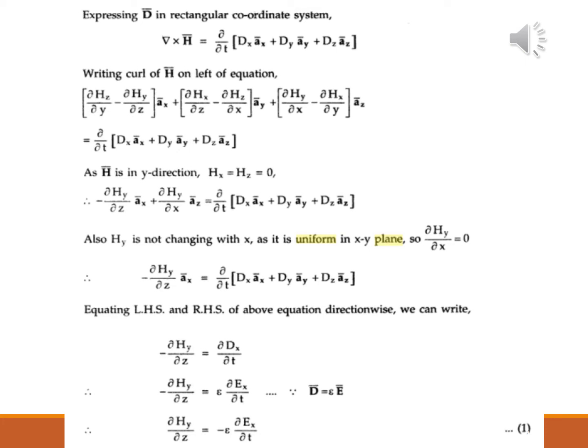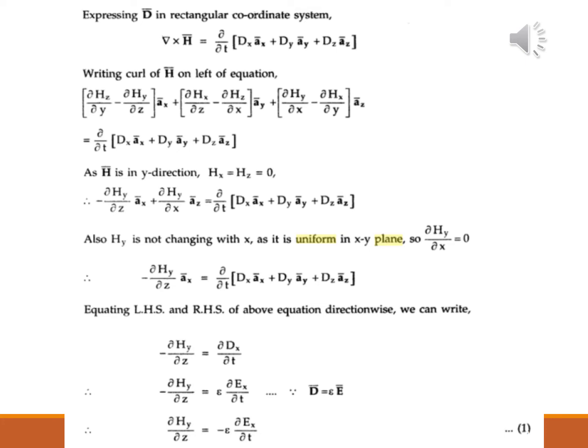In determinant form, the first row is ax, ay, az. The second row is dou by dou x, dou by dou y, and dou by dou z. And the third row is Hx, Hy, and Hz. Then you apply the rule for solving the determinant, and you'll get this equation, which is written there in the PPT, and that is equal to the right hand side.